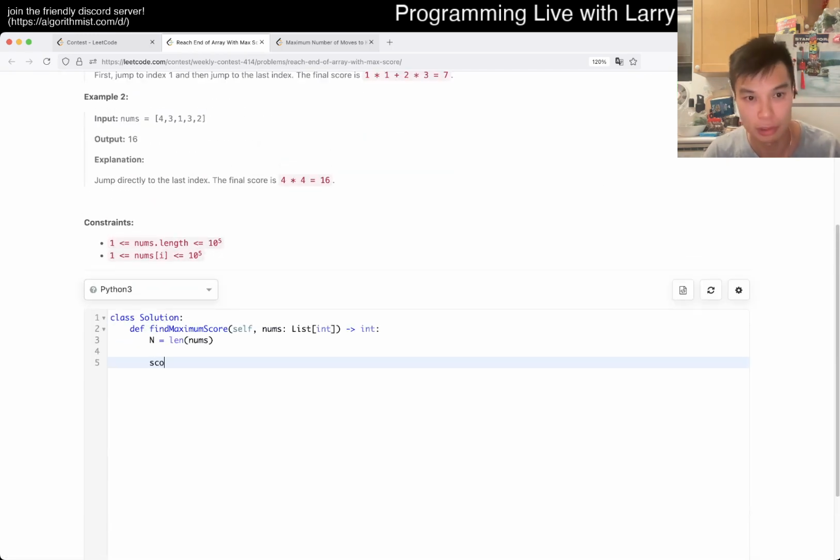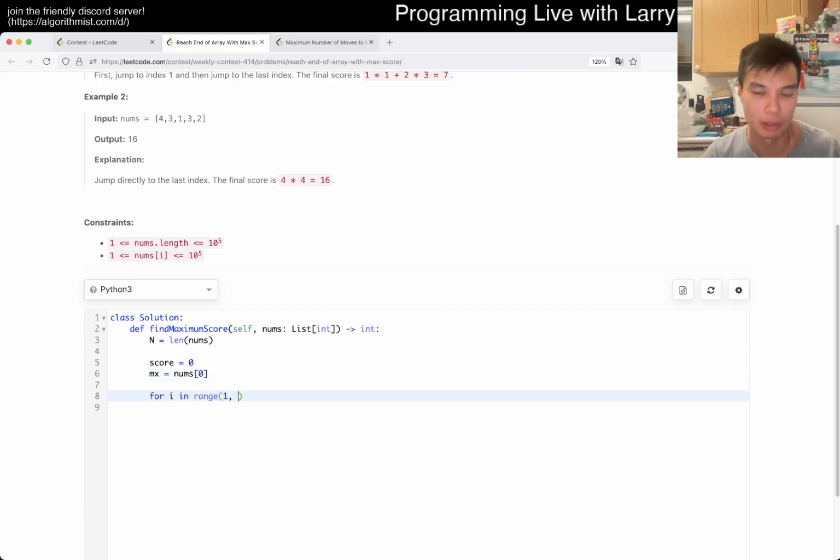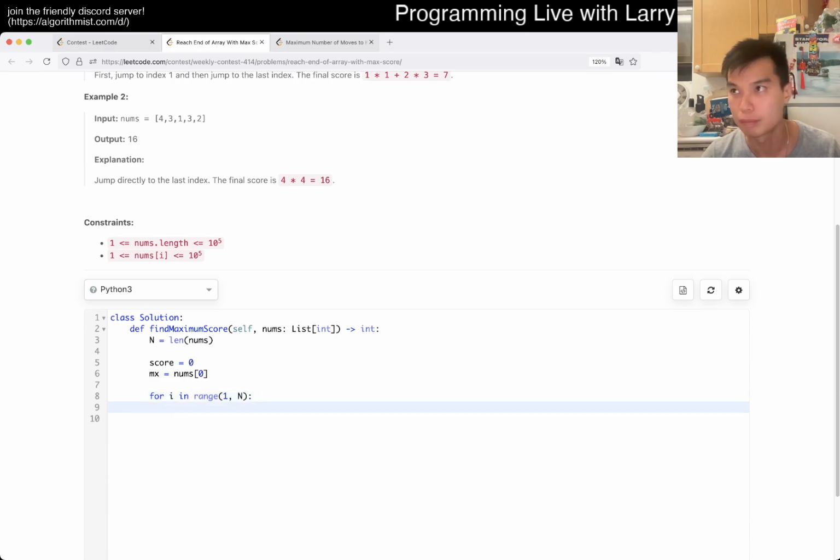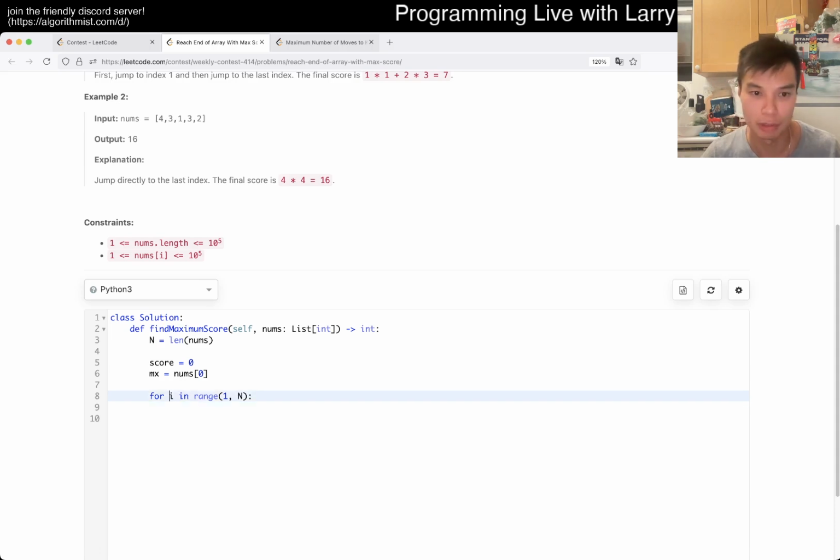Yeah, okay, fine. Score is equal to 0. Okay, so how do we start it off? So mx is equal to nums[0], right? Then for i in range from 1 to n minus 1 maybe, right?